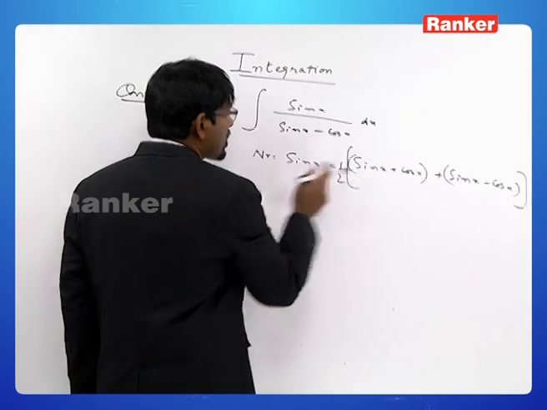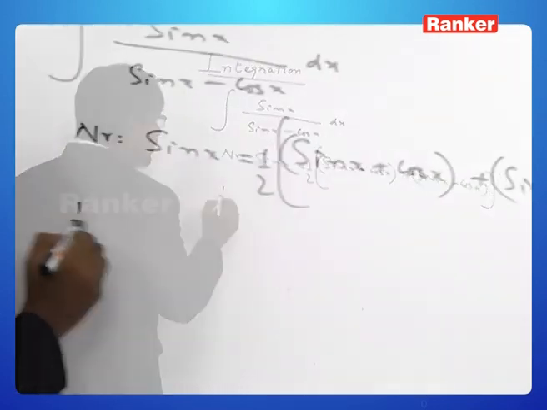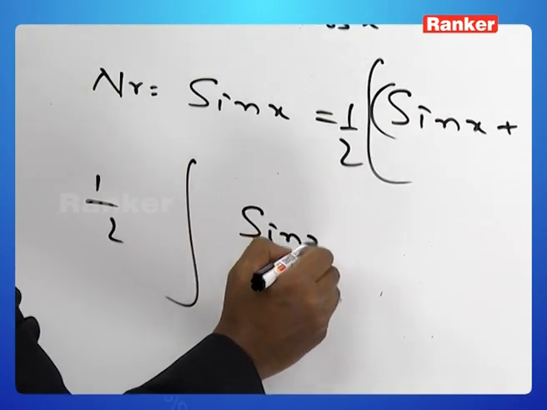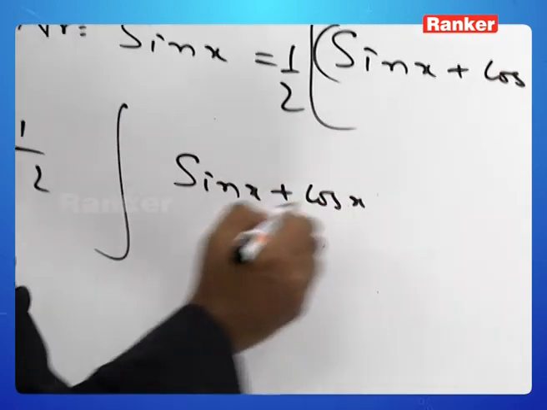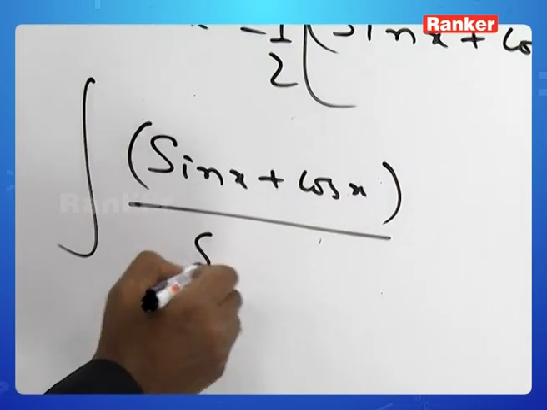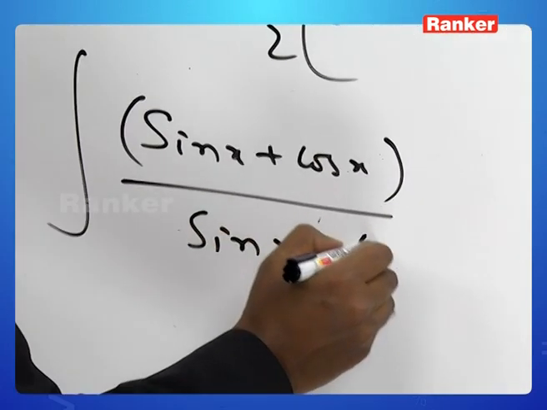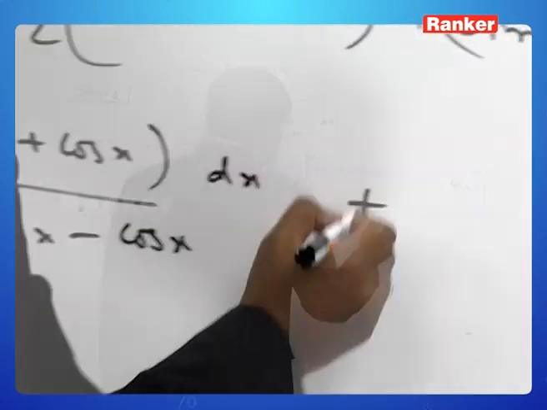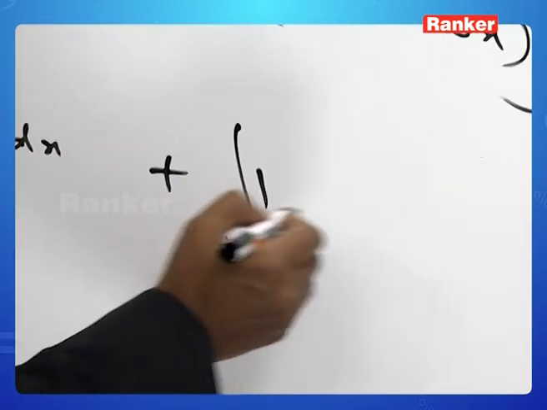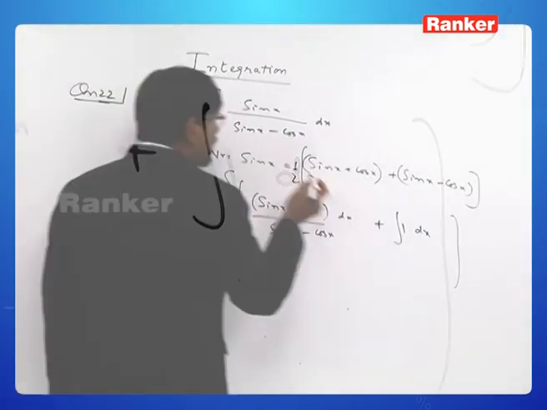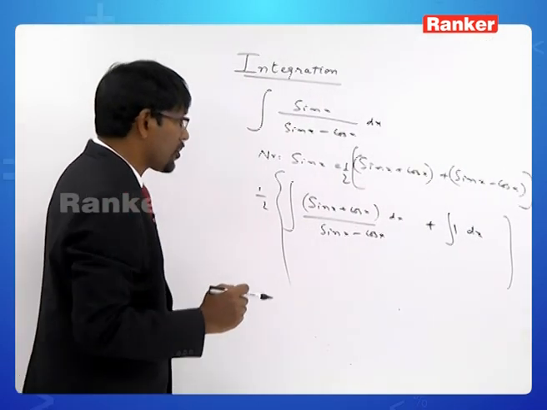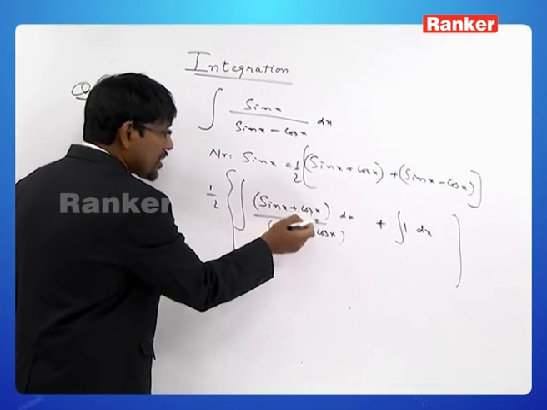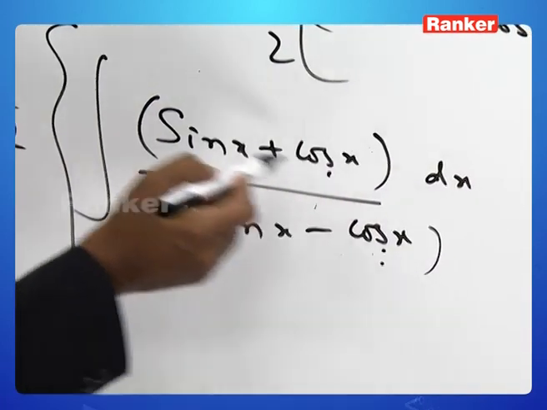So we will write the numerator is half of sin x plus cos x by sin x minus cos x. I am splitting the integral plus 1 dx, because this sin x minus cos x divided by sin x minus cos x. Now, it is clear that the derivative of sin x is cos x, derivative of cos x minus cos x is sin x.